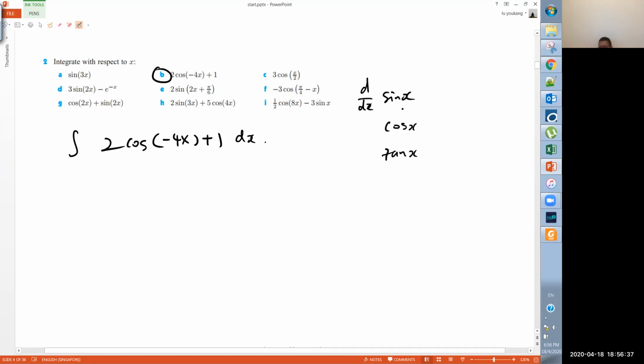So when you differentiate sine x, you get cosine x, right? And then when you differentiate cosine x, you should get negative sine x. Differentiate tangent x, you should get secant square x.